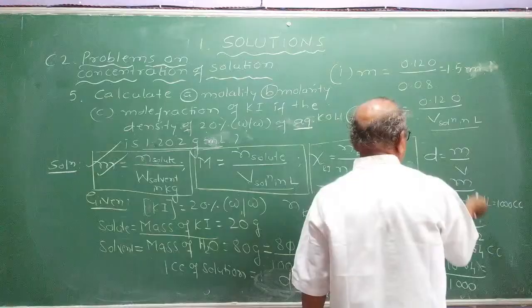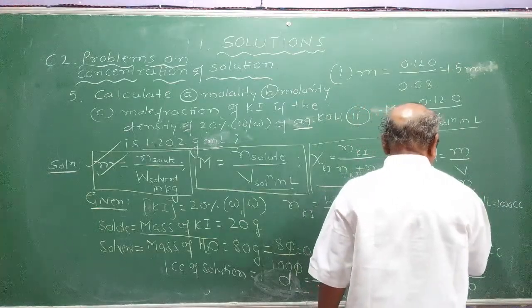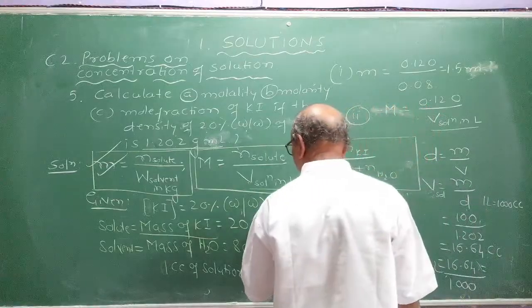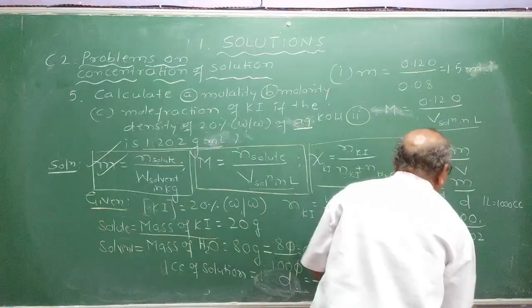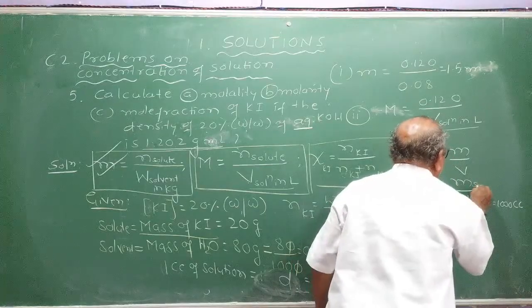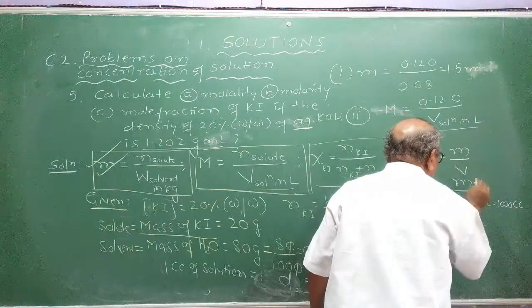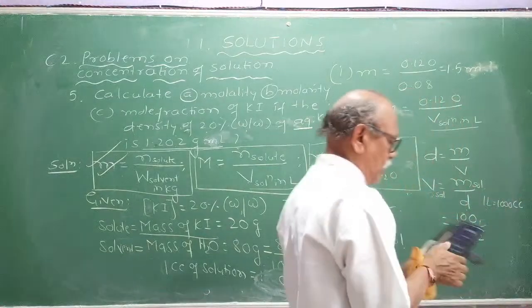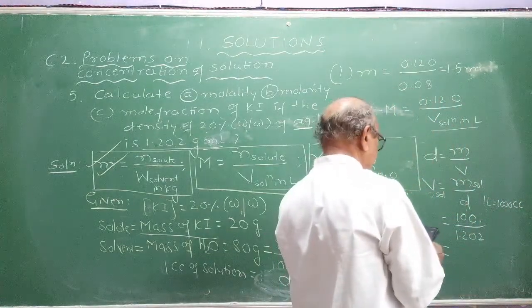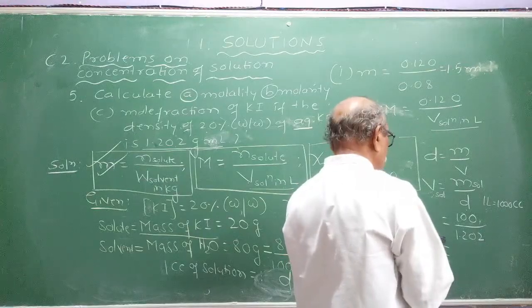Total mass of the solution divided by density, because for the volume of the solution you have to take the mass of the solution. Total mass of the solution, 20 plus 80, is 100. Because to get the volume of the solution, you have to take the mass of the solution, not only the solute. 100 divided by 1.202.